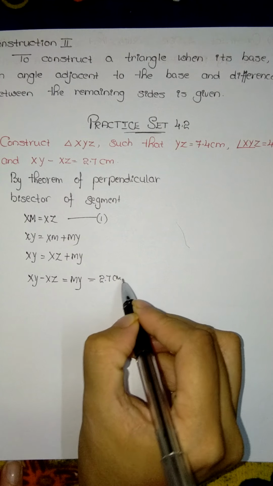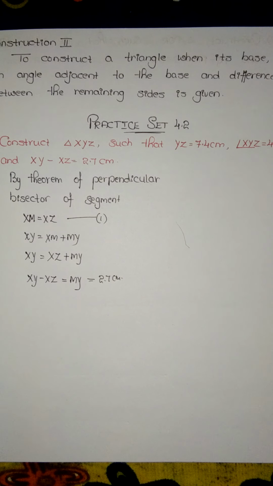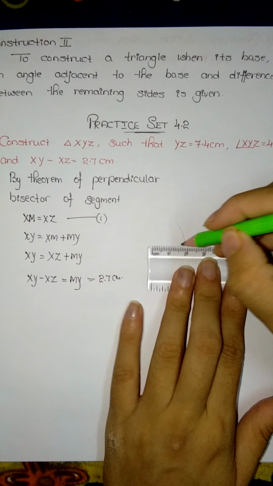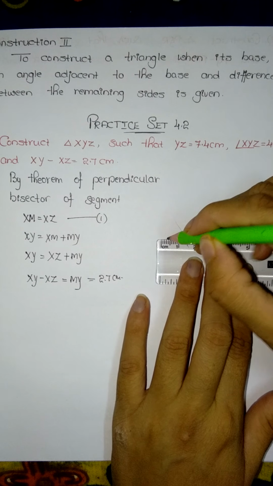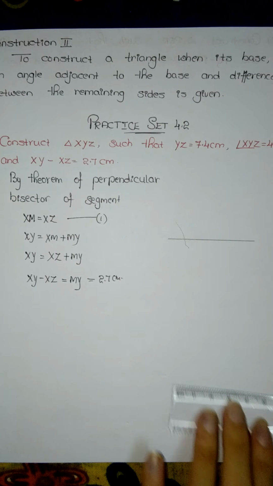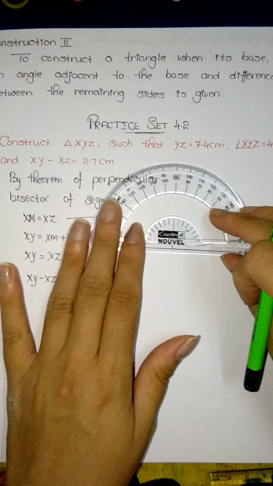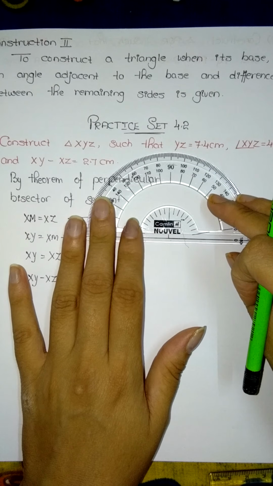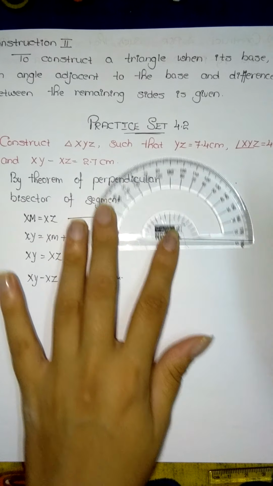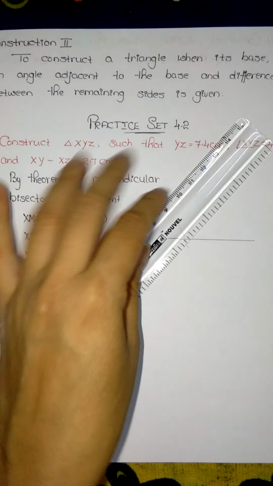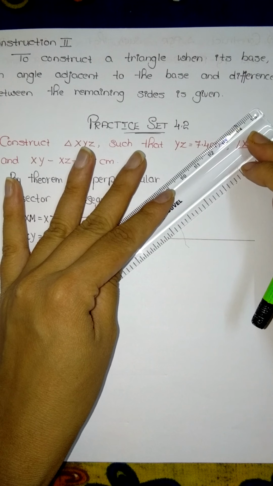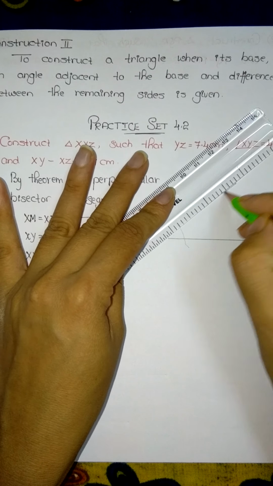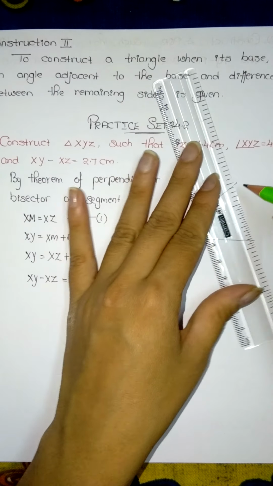Now the rough diagram: first draw a base, so this is the base and here it is angle 45 degree, and join this.